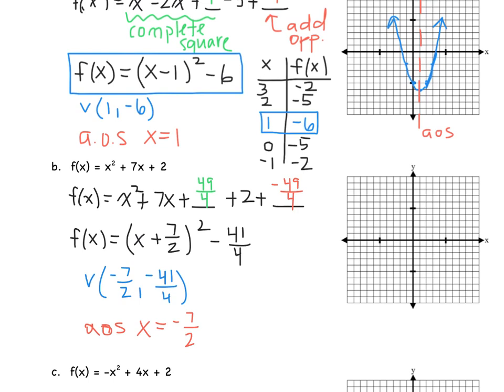Okay, and if we were to fill in the table and go from there, all right, to graph this, our vertex of negative 7/2, well, that's negative 3.5. And negative 41/4 is negative 10.25.